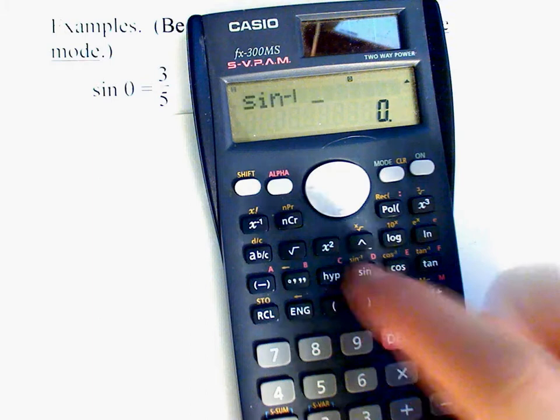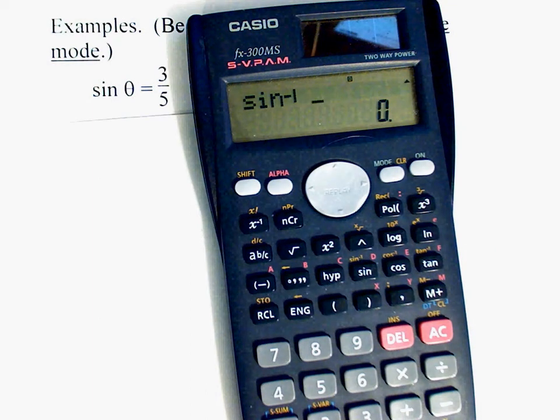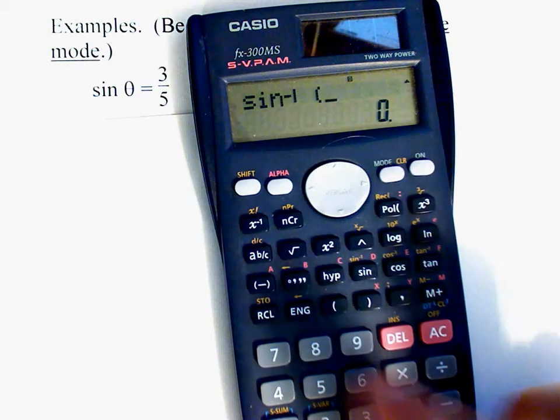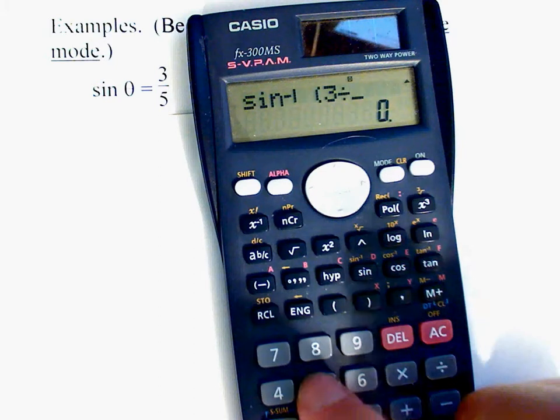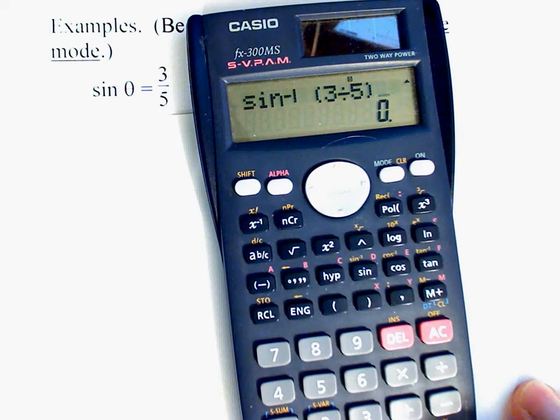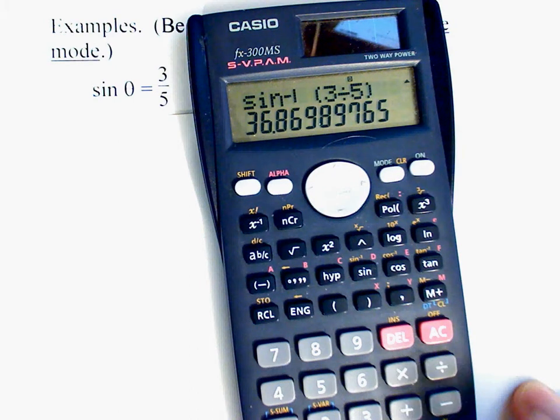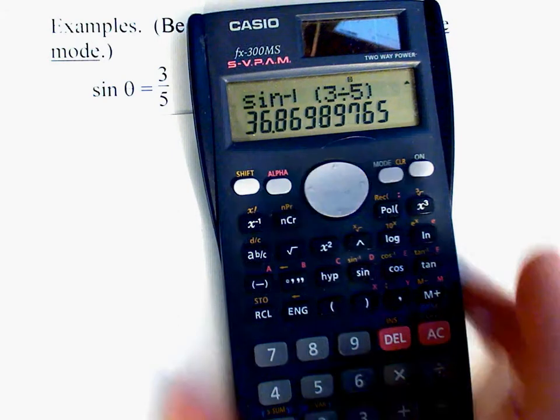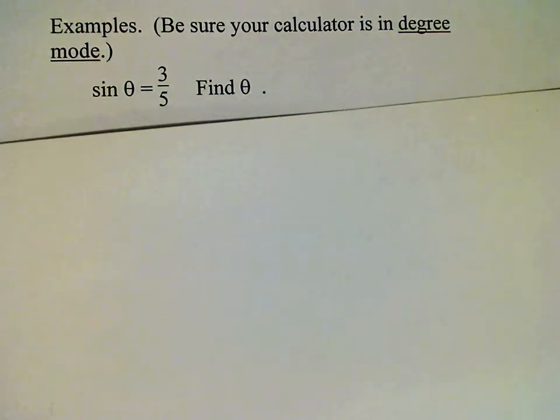So on my calculator, press shift and then sine. That gives me the inverse sine. And then 3 divided by 5. Get the answer, which is 36.87 degrees approximately.